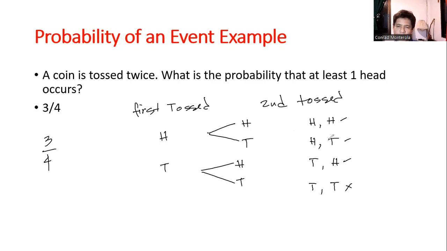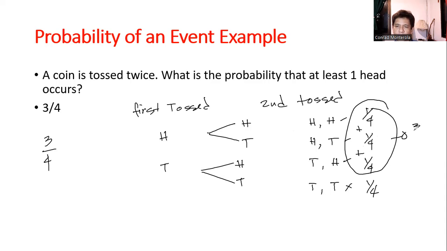Or it could be like this: the probability that HH will occur is 1/4. The probability that HT will occur is also 1/4. So all of these will have a 1/4 probability. If you add 1/4 plus 1/4 until here, this will give you 3/4. So the probability is equal to 3/4.